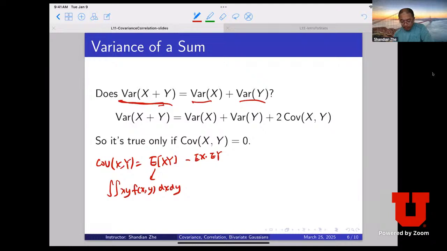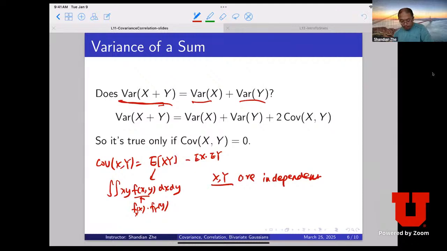And when x and y are independent, that means this joint density can be decomposed as the marginal density of x and the marginal density of y. That's the definition of independence. If x, y are independent of each other, then their joint density function is the product of their individual marginal density functions.